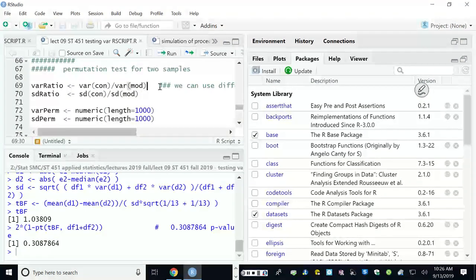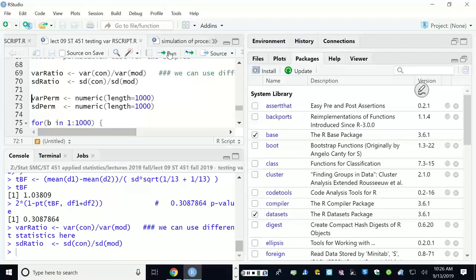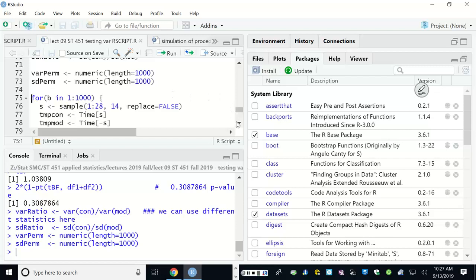So implementing that, you could do it based on variance ratios or standard deviation ratios, maybe a different statistic we want. We're going to get that variance ratio 1,000 times under the permutations, or we're going to get the standard deviation ratio 1,000 times under the permutations. So we're going to set that up, and then do this loop.